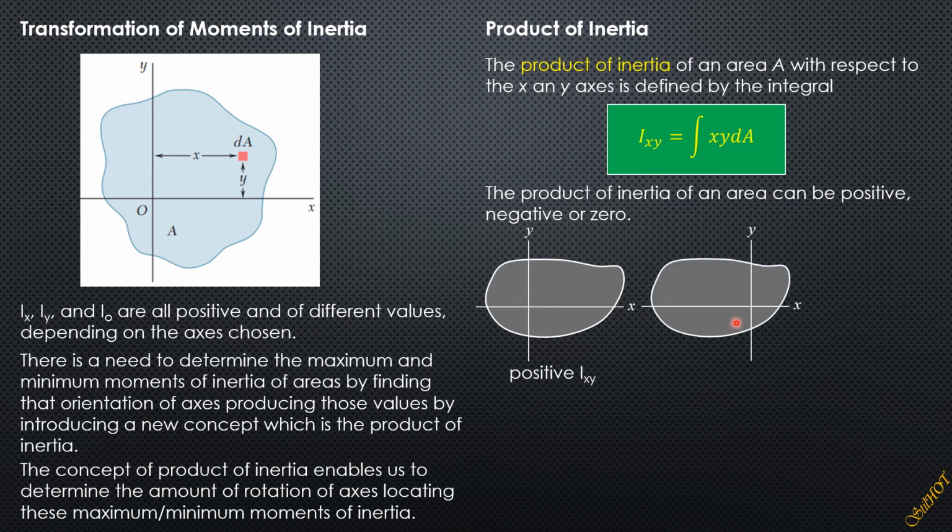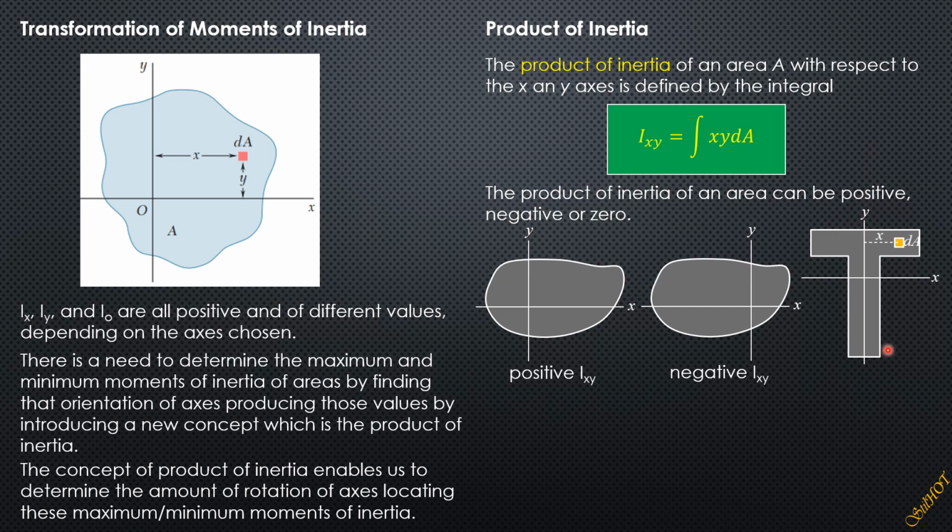This is the situation where we have negative product of inertia because most of the area lies in the second and fourth quadrants. And finally, the product of inertia is zero when the area has at least one axis of symmetry, like this section here, where the area is symmetric with respect to the y-axis.